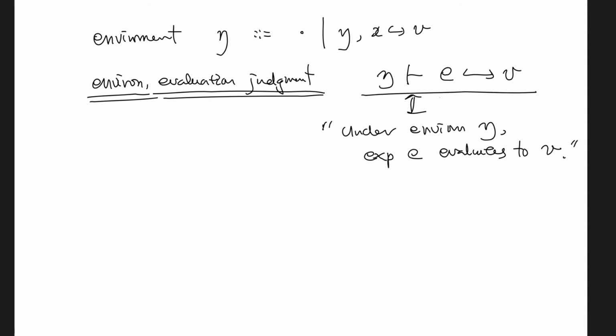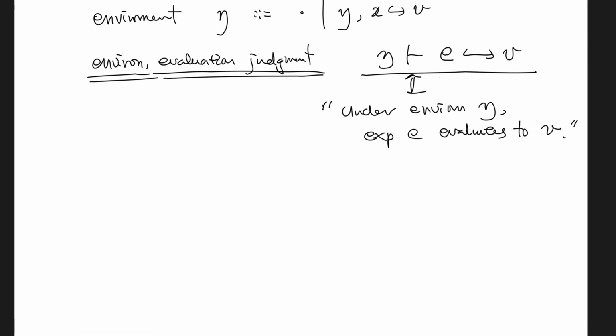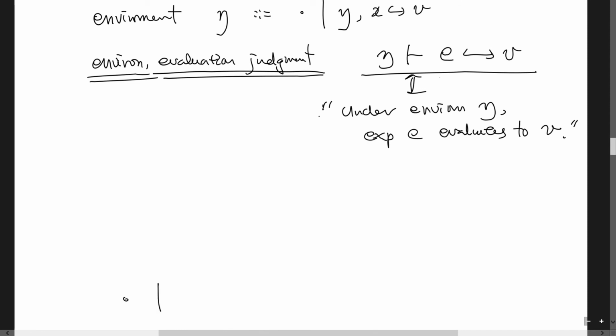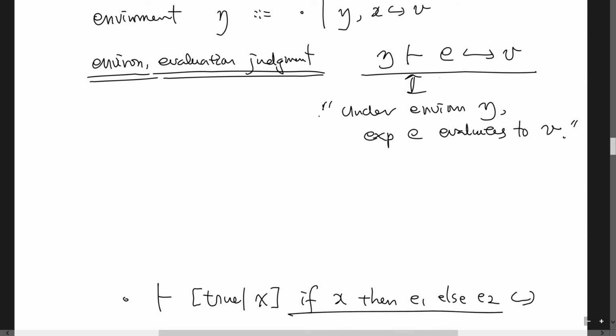So let's consider a small example. Suppose that we start with an empty environment, and let's assume that we are about to perform this substitution, true for x, in this expression, if x then e1 else e2. So we'd like to evaluate this one to produce some value v here. In the previous big step semantics, we perform substitution right away.